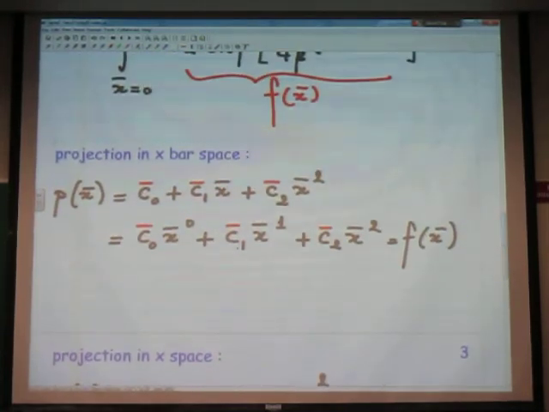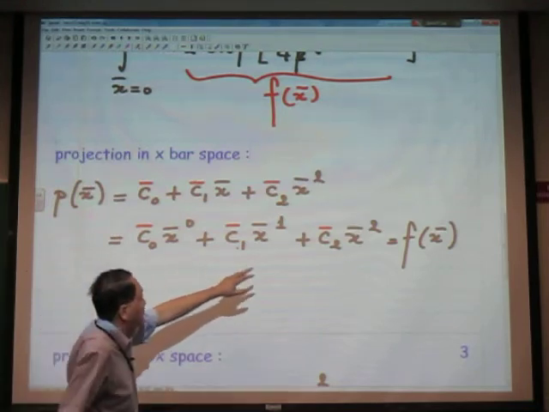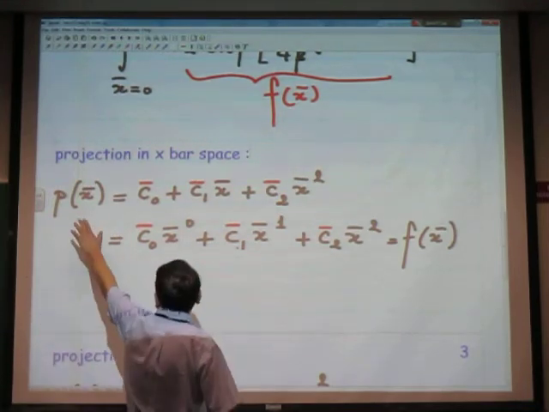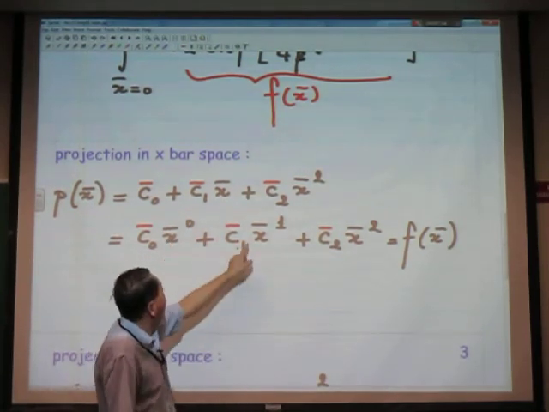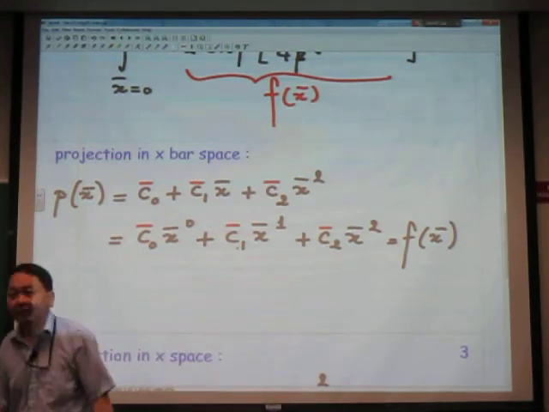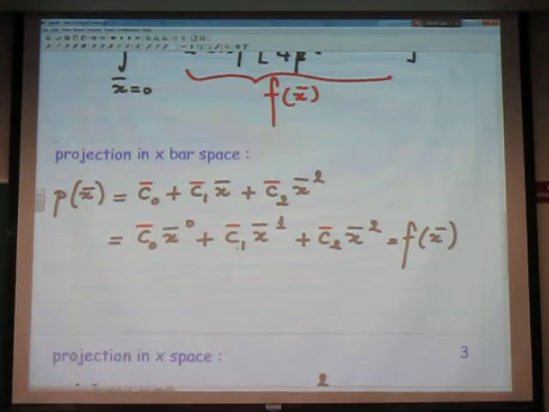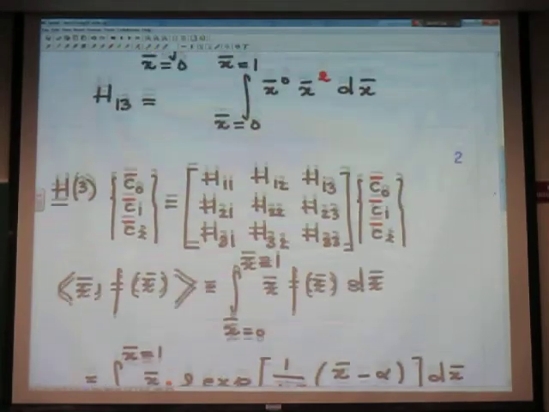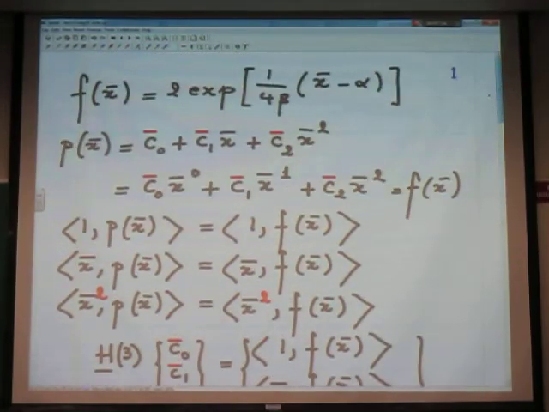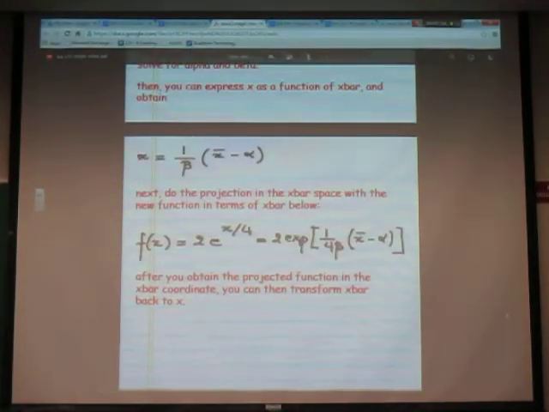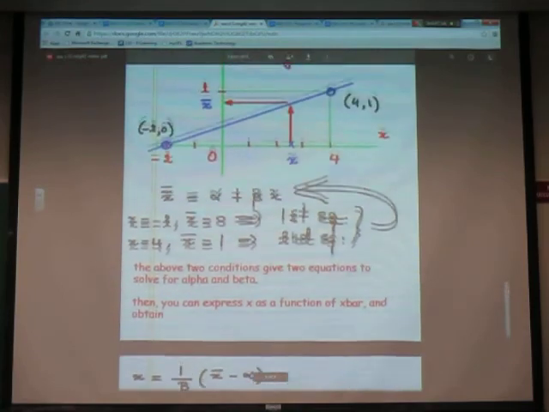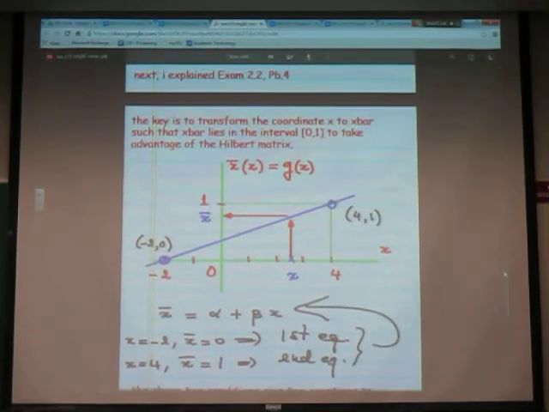And once you obtain the coefficients C0 bar, C1 bar, C2 bar, right? Then you have P of X bar, and now you go back to X by replacing X bar as a function of X. And X bar as a function of X, you know already because that's where you started. X bar is a function of X. I didn't write it here, but it should be in my notes, in this section, right here. You see?